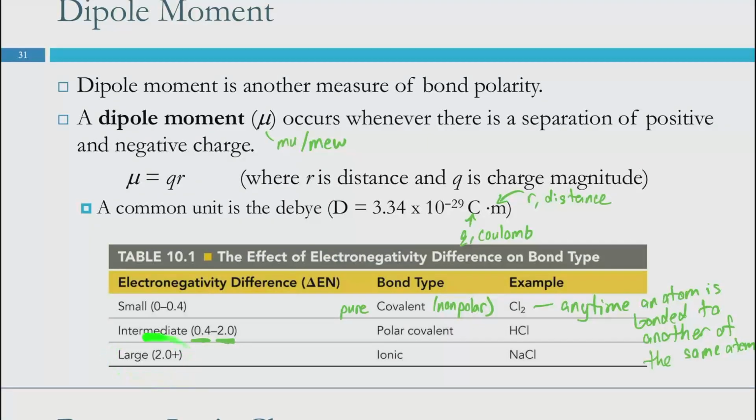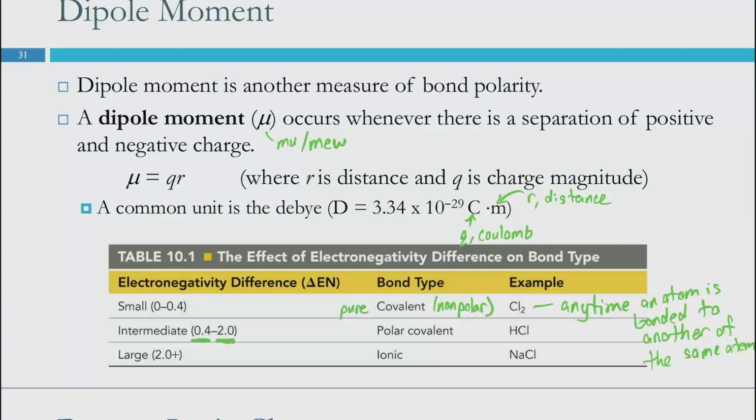And then for things with large electronegativity differences, anything above 2, we would classify that as ionic, things like sodium chloride. There's another way that we can classify stuff as having ionic bonds. Any guesses on what kind of compound has ionic bonds? Thinking of nomenclature categories, naming categories.